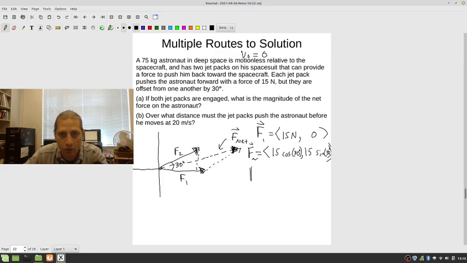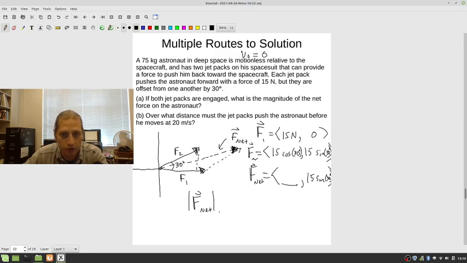And then if I wanted to have my F net, it would be the X component of my first force plus the X component of my second one. Okay, this plus this. And then to get the Y component, it would be the 0 plus 15 sine 30. So this would just be 15 sine 30.